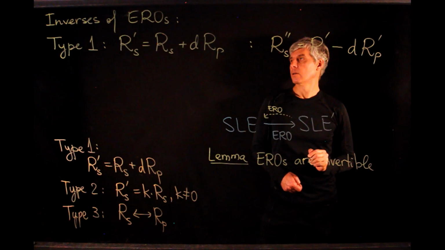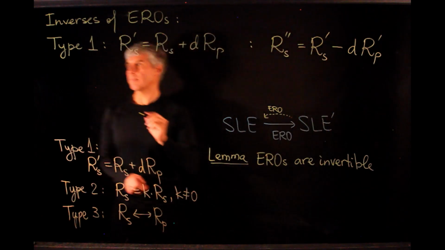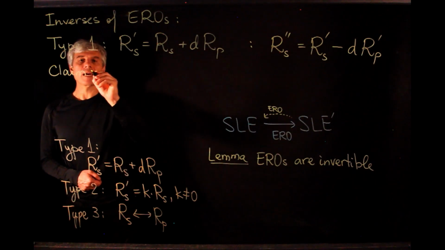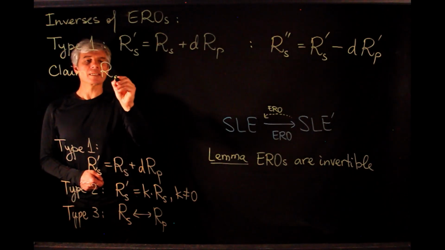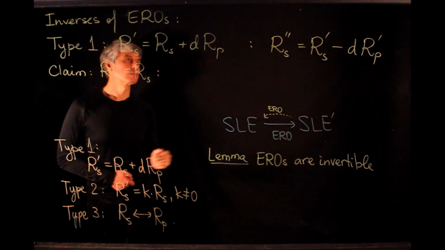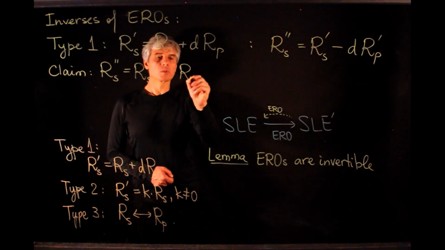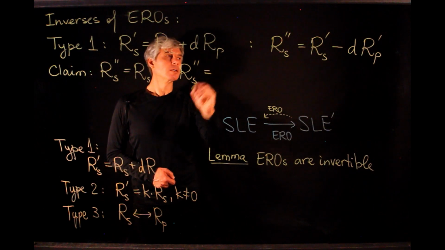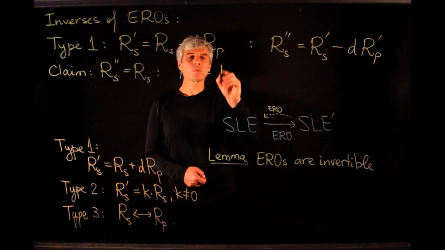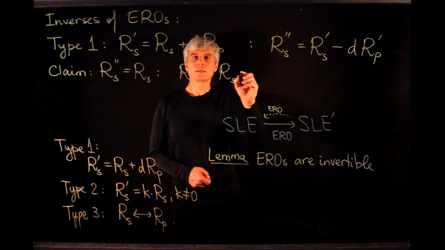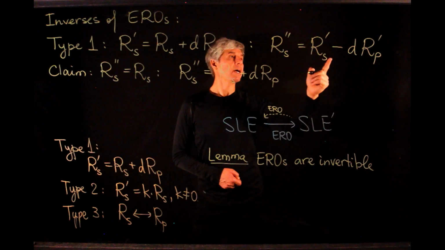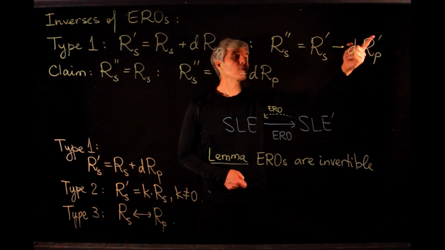Right. So here we claim that row S double prime is the same as row S. So indeed, row S double prime is row S prime, which is row S plus d row P. And what is row P prime?